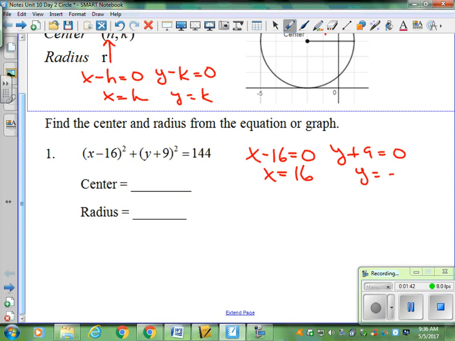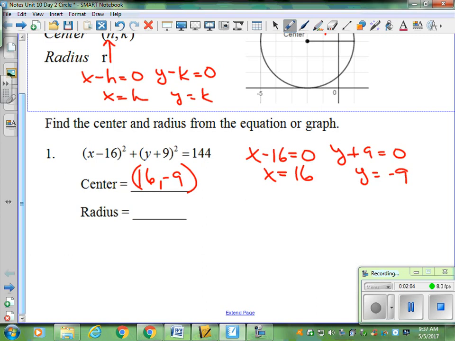Subtract it, okay, so that would be the opposite also, wouldn't it? So it would be a lot more efficient to just make the numbers in the parentheses the opposite. And that gives you your center. So this center is 16, negative 9. That will save you a little time if you don't go through and do the math, but you just think about the opposite of the operation, and that's the sign of the number you're making.